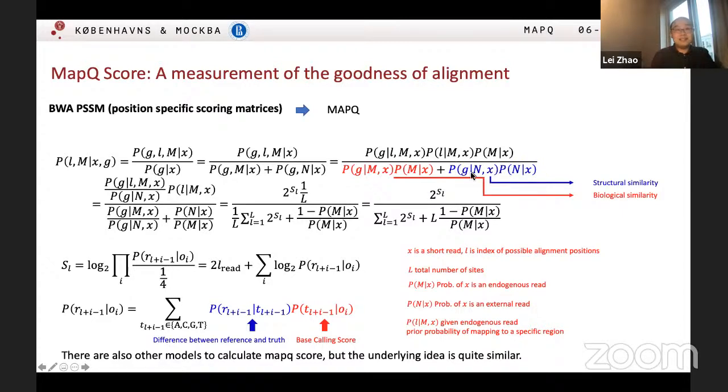This is the probability that although it comes from an external genome, you can still map to the human genome. And this is the probability that it comes from the internal genome and you map to some position of the genome. This is position specific. So we know that it mapped to position little l.